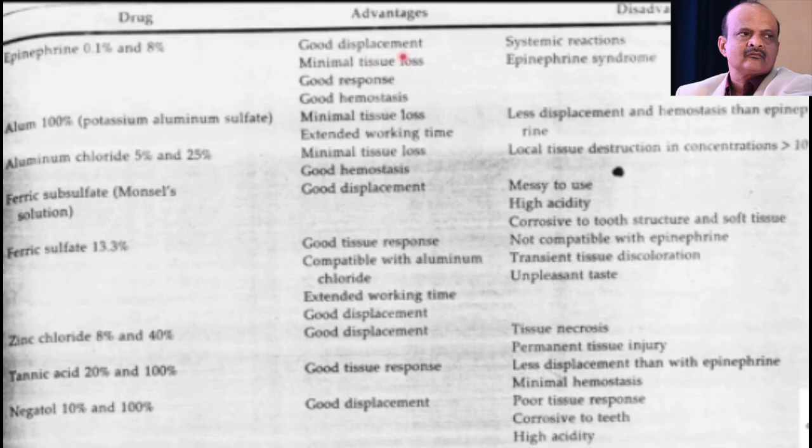Zinc chloride 8 to 40% has good displacement, but in a higher concentration it may cause tissue necrosis and permanent tissue injury. Tannic acid 20 to 100% has good tissue response, but in comparison with epinephrine it has less displacement and minimal hemostasis. Negatol has good displacement, but it may corrode the tooth and has a high pH.